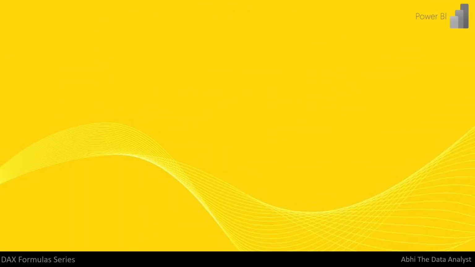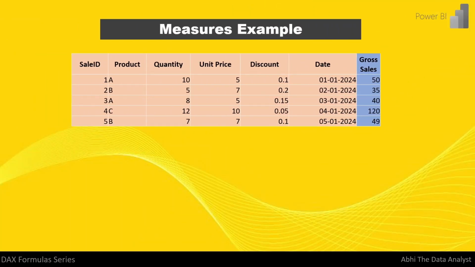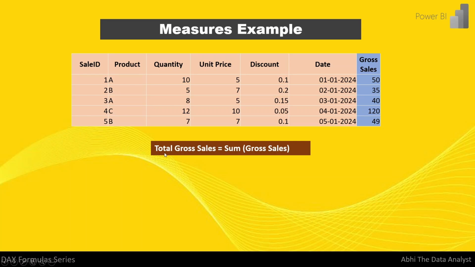Let's look at the example of measures. Similarly, we are taking the same data model in which we already calculated the gross sales. Say you want to know the total gross sales. How do you calculate that? You will go ahead and calculate using the sum of the gross sales. This particular formula written here will not create a new column or change the data model itself.